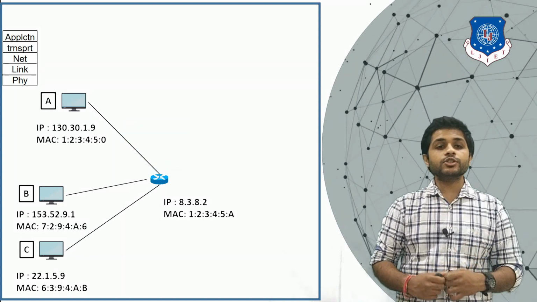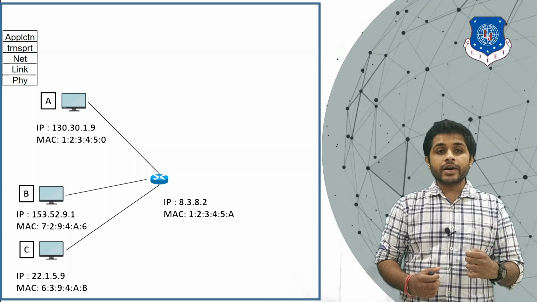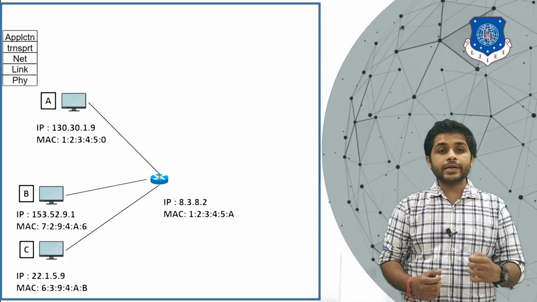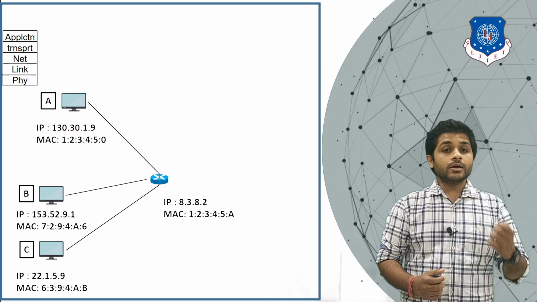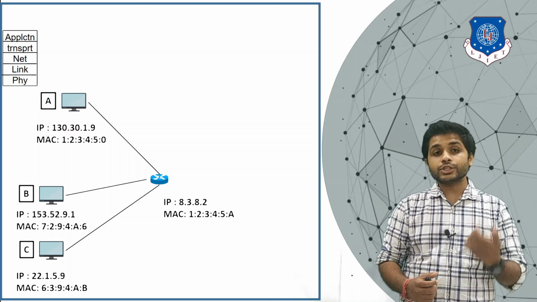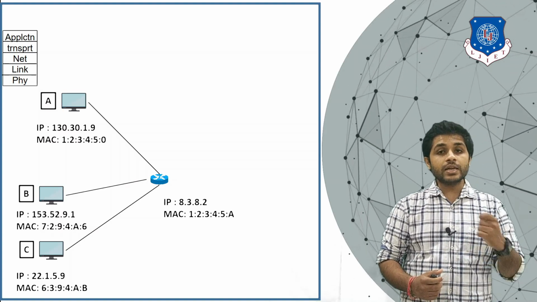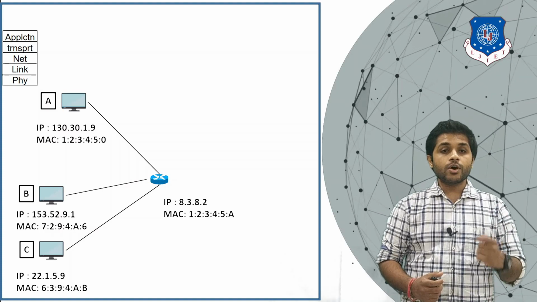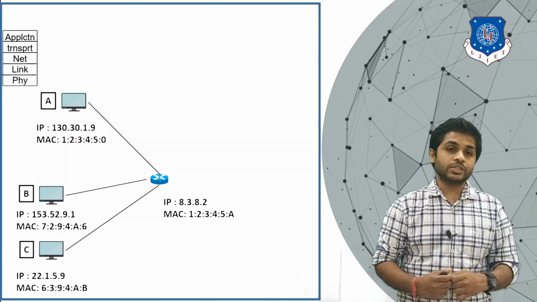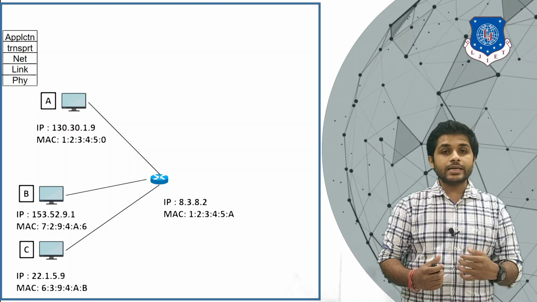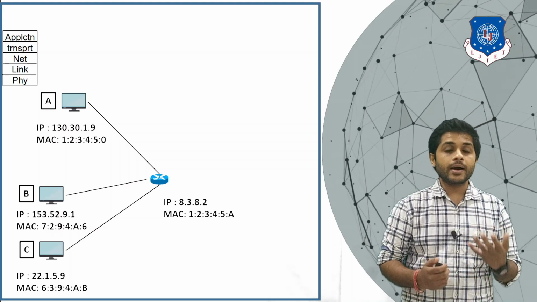In ARP, if any device only knows the IP address of the destination, before sending any message to the destination, the device will ask for the MAC address of the destination device so that it can forward the message appropriately.